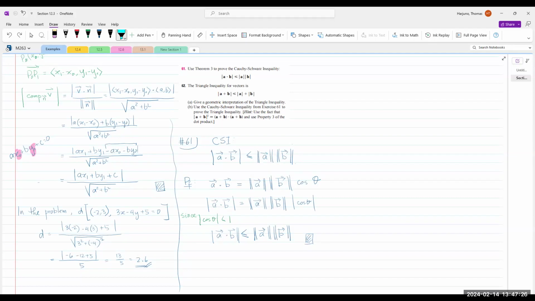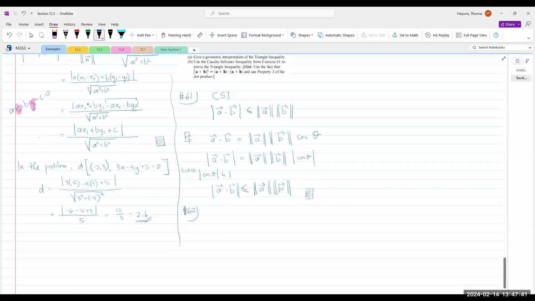Okay, now let's go on to the last question that I want to go over here, number 62. A bit tedious. Give a geometric interpretation of the triangle inequality. Well, as we learned, the triangle inequality basically says that the length of one side of a triangle is always shorter than the sum of the other two sides.